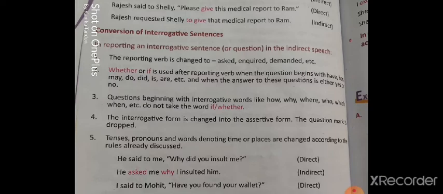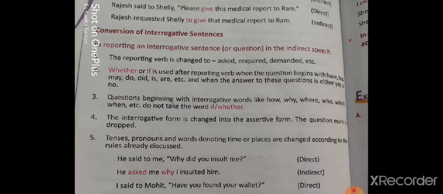Second is whether or if is used after the reporting verb when the question begins with have, has, may, do, did, is, are, etc., and when the answer to these questions is either yes or no. So whenever we are starting the question with these words, we will not use that here.